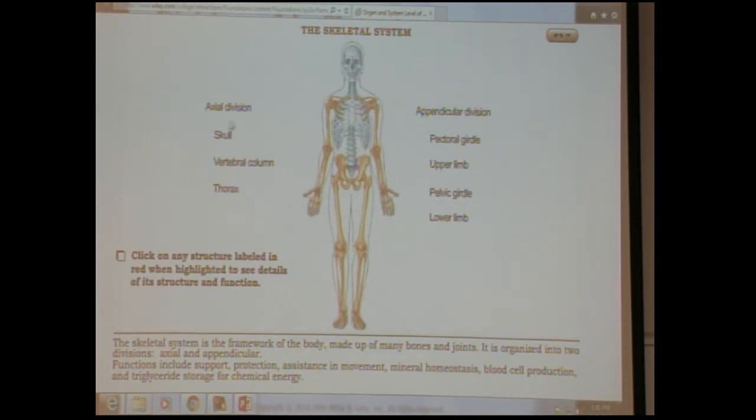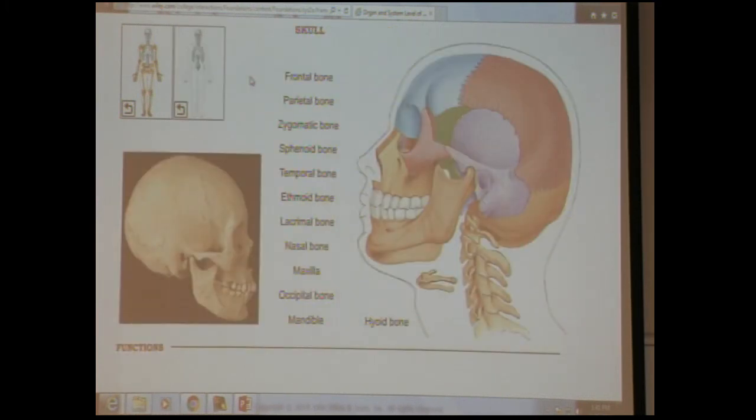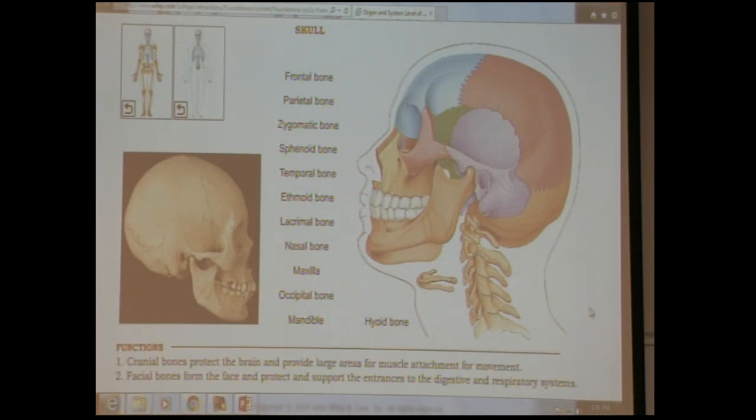This is a really cool link because you could basically review all the bones and quiz yourself with them. So we'll go to the skull, to the cranial bones. What's neat about this is it doesn't label it right away, and you can just say, well, I think that's the parietal bone, and then you find out, no, I was wrong. That's actually an occipital bone. So you can use this to quiz yourself on the bones really well.